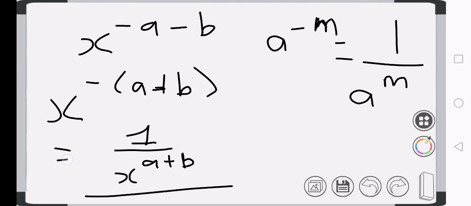As simple as that. You have simplified. You see where you're going?